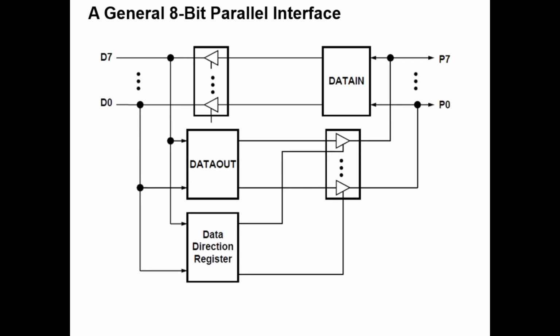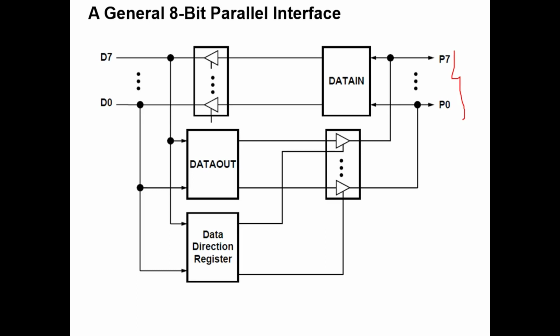In the bidirectional data lines P0 to P7, it is not compulsory that at a time all the lines P0 to P7 have a single direction, either towards the data in or towards the output device. The direction for all the lines need not be the same at a time. That means you can individually program every line of P0 to P7, these 8-bit lines, whether it should have a right to left direction or a left to right direction.